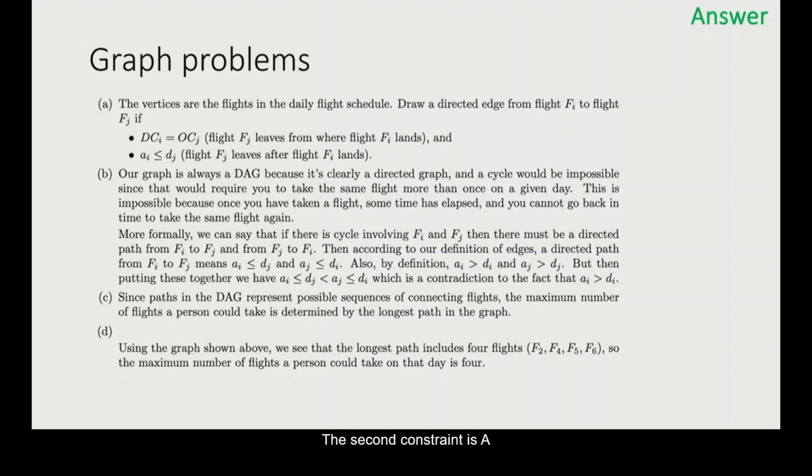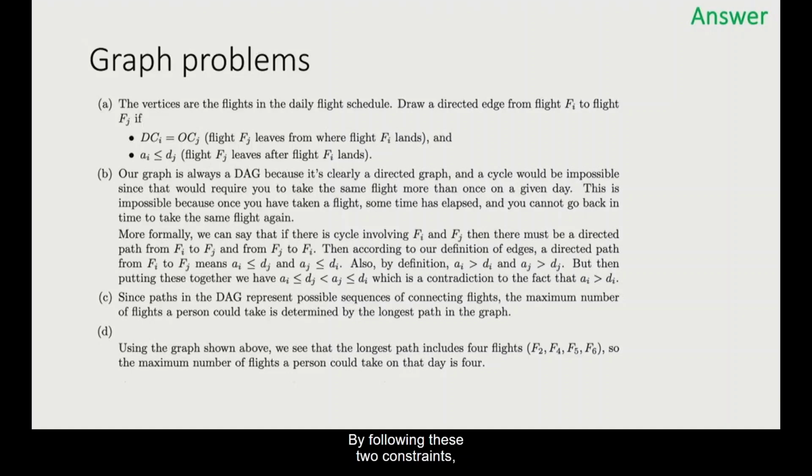And the second constraint is Ai is less than or equal to Dj. This is also an obvious condition, that flight Fj leaves after flight Fi lands. So the second flight should depart after the first flight lands. One can take connecting flights in this way only.